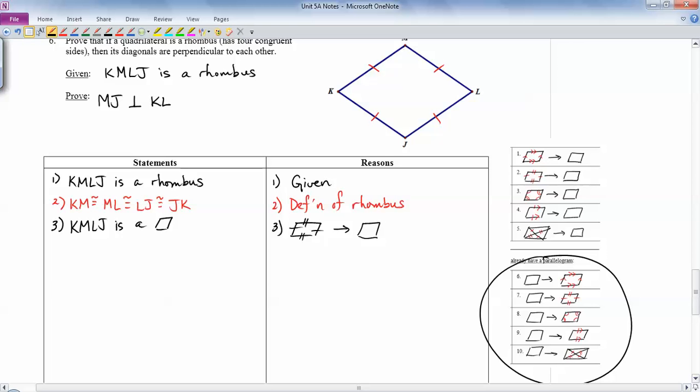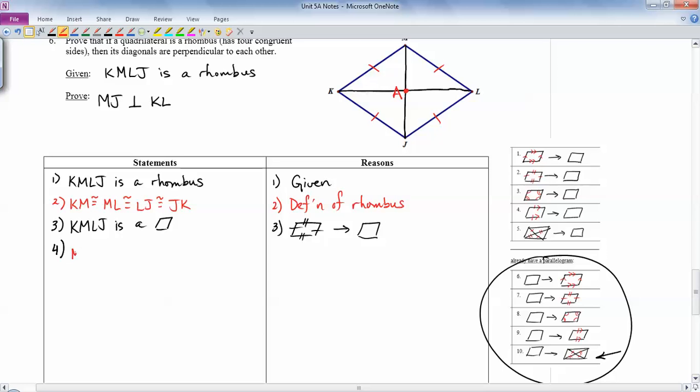Okay, so let's put this back. So we have those diagonals in there, and it turns out one of these properties of parallelograms deals with diagonals. Well, the diagonals cut each other up. So in step 4, let's make up a letter for this middle point here. Let's call it A. Since the diagonals cut each other up, I know that MA has to equal AJ and KA has to equal AL.